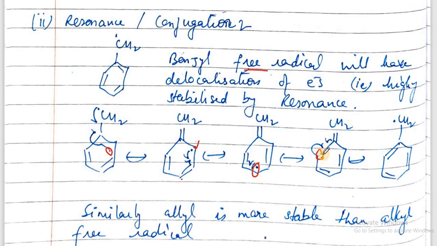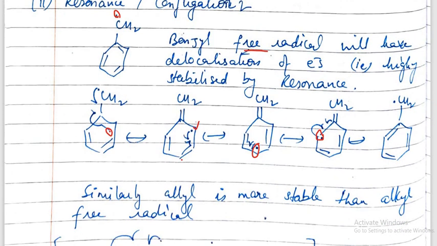So we have different resonating structures due to the presence of this odd electron. These structures show that benzyl free radical is more stable, or it is resonance stabilized.